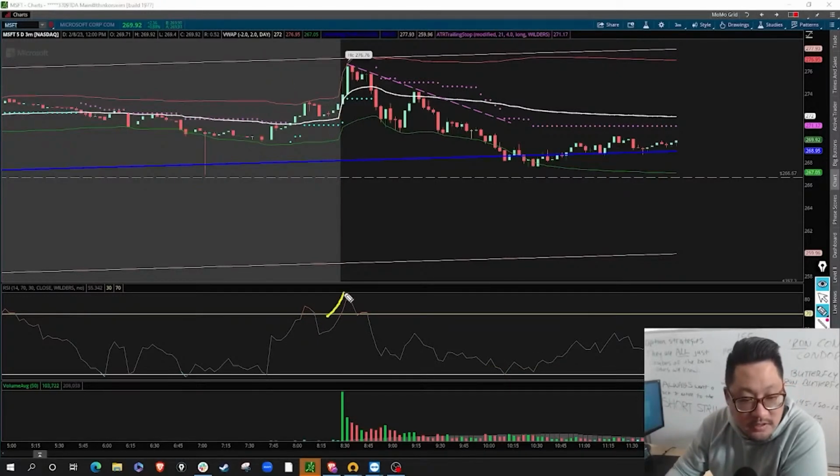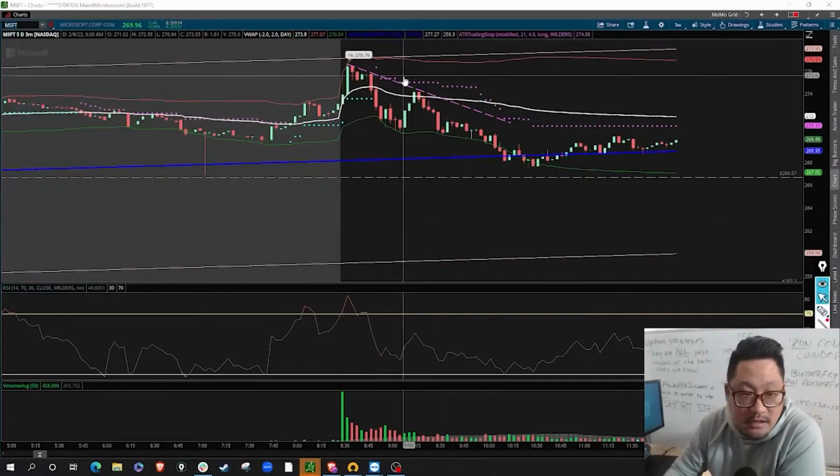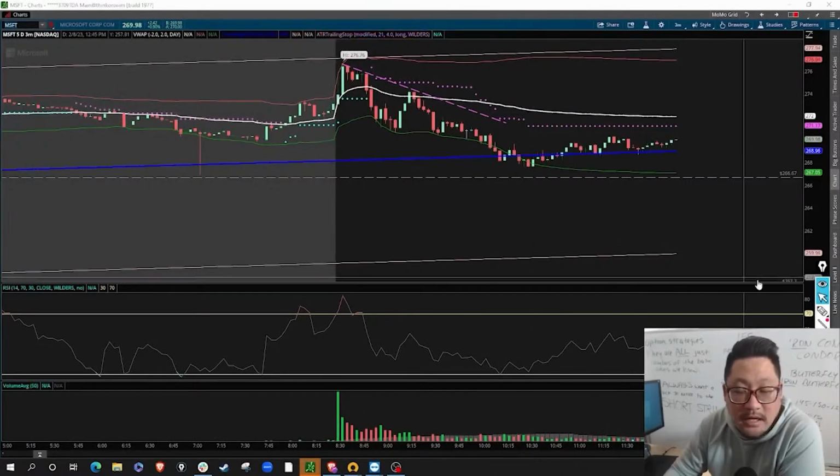Just like with stocks, when we start making lower highs and lower lows, that's that divergence. You could see at the peak, we started seeing the weakness. And as it started to slide, even at this moment, if you look at my crosshairs, folks, it was already saying it's still overcooked, even though we came off the highs.